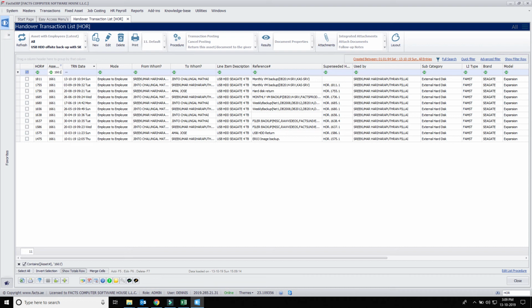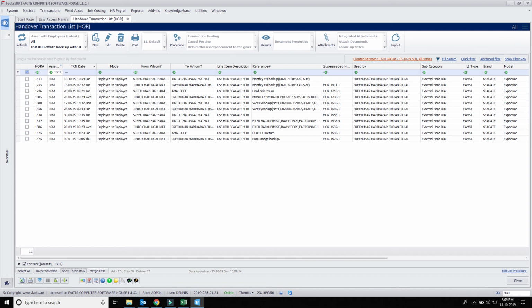To keep the offsite backup, our IT department, Amal or Jinto, gives me a USB hard disk to keep offsite. So again, the logistic issue. We have an asset number, the USB has a number, but what is remaining with me, what I handed over to him, whether I handed this over or not, no idea.